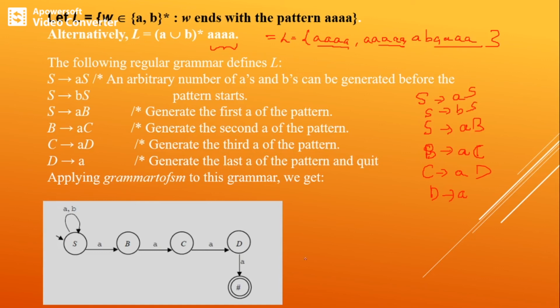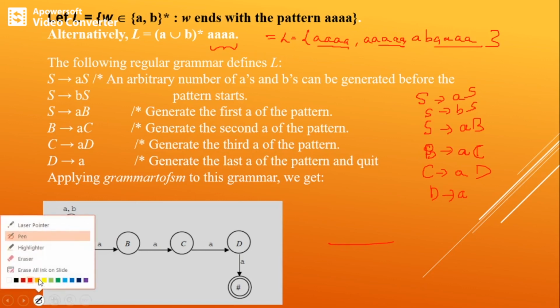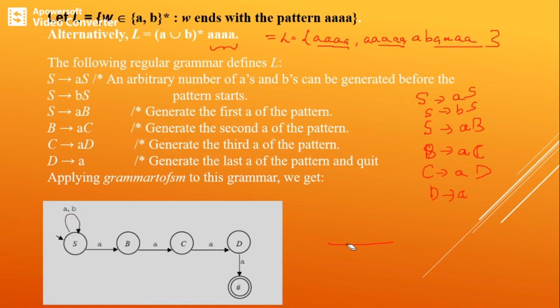Now how do I apply the algorithm? As I said, the 8th step I'm not going to follow, but the rest I will explain. So S gives AS. What are the states? That means what are the non-terminals? How do I identify the states?